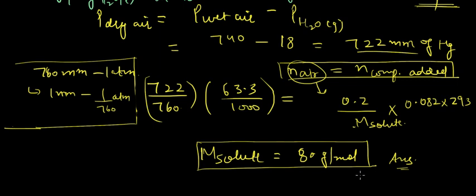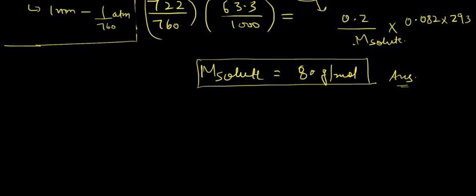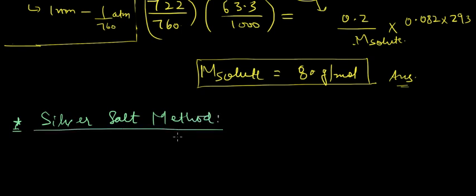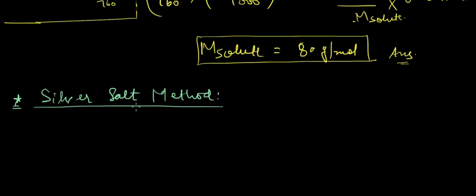Okay, now let's see another method, which is the silver salt method. It is used to find the molar mass of organic acids.